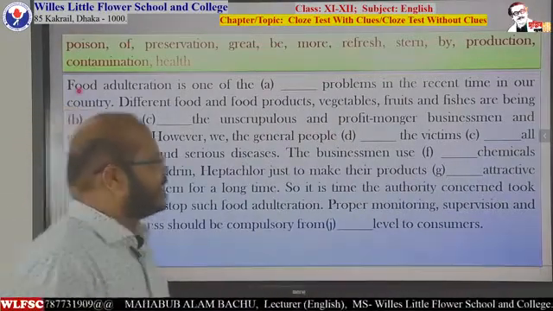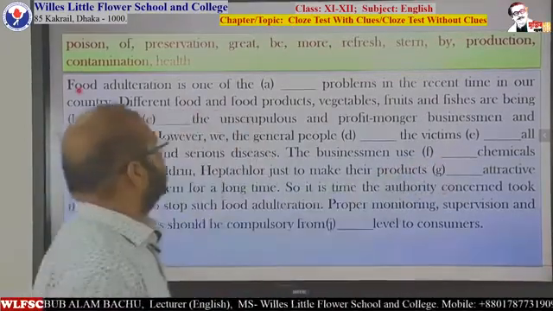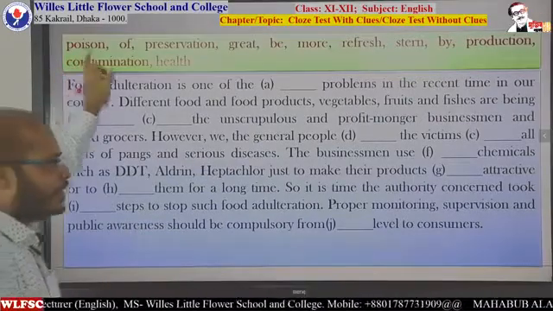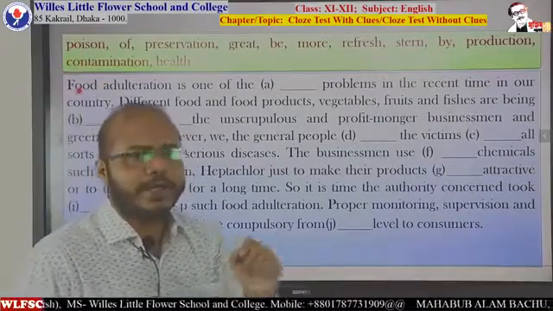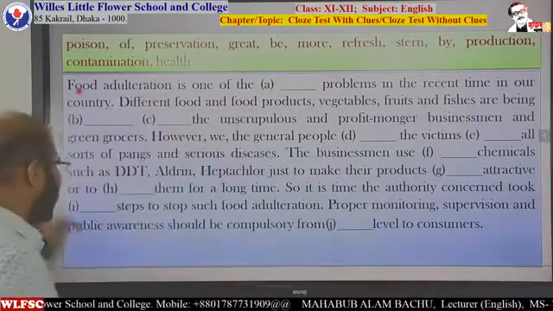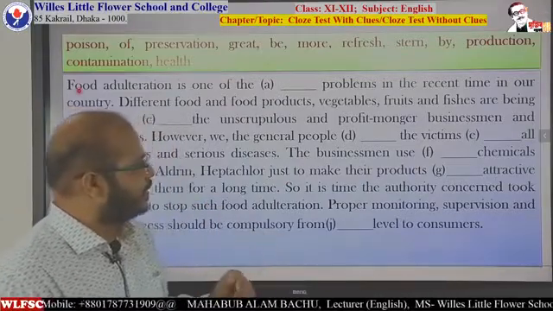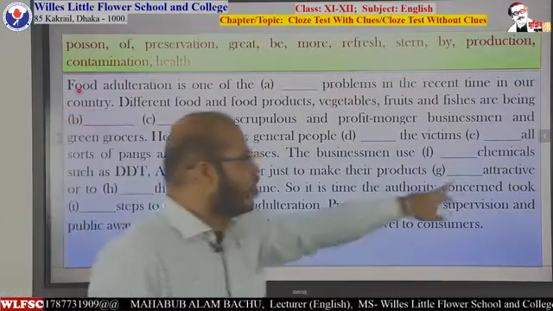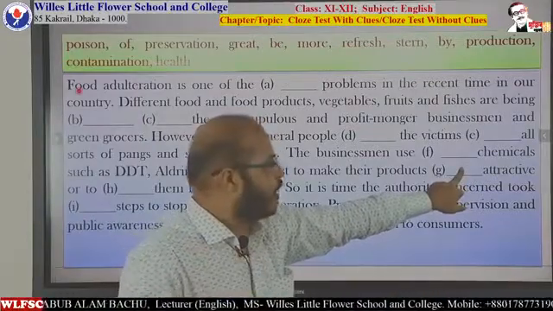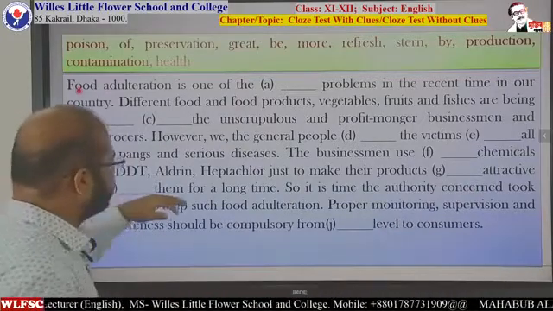The businessmen use dash chemicals. So poisonous chemicals. Look at the word poison. You see poison, you have to use the adjective form of poison. So poisonous chemicals such as DDT, Aldrin, Heptachlor, just to make their products more attractive, for making it more competitive, or to dash them for a long time.